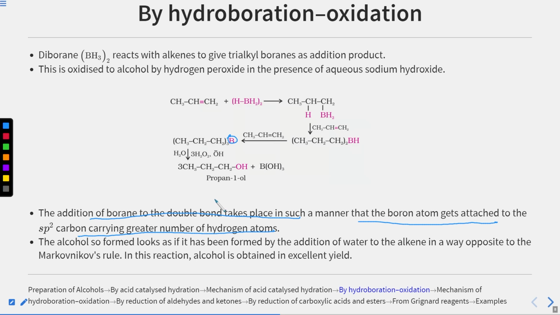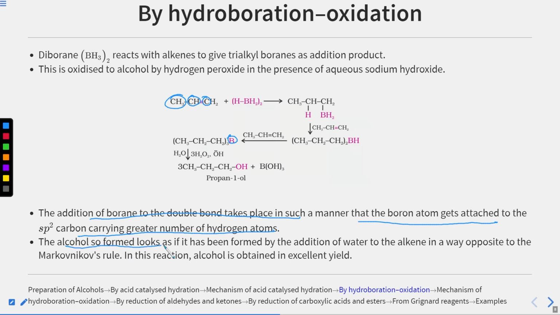So what is the reason behind it? We'll get to that. But for now, think of it that the BH2 will be added to that carbon which is less sterically hindered. Now this carbon has already one CH3 attached to it and one H, so it is more sterically hindered due to the presence of this CH3. Instead, it will add to this one which has only hydrogens as substituents. Okay, therefore BH2 adds here.